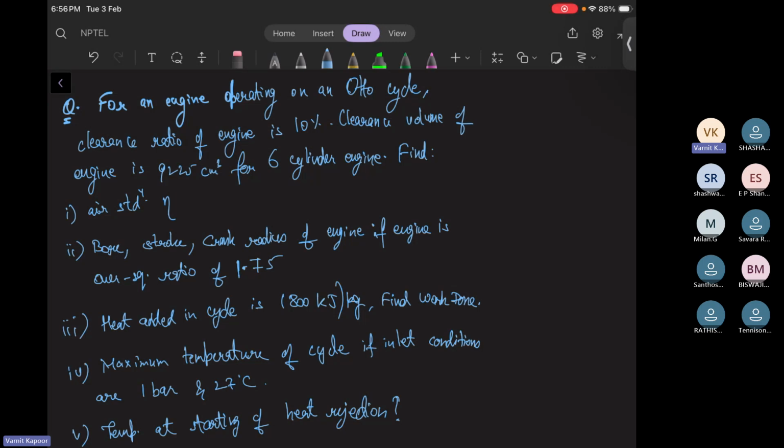Anyone has solved any of the parts? First part, air standard efficiency. Tennyson, have you solved it? Have you got any part?